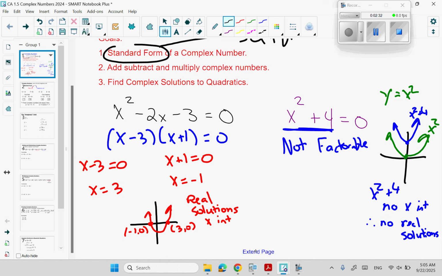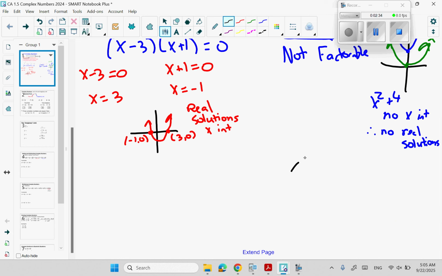However, let's say I were to try to solve it. Let's say I didn't know any of that stuff. x squared plus 4 equals 0. Well, because I have no b term, I would probably just solve by square rooting. So I would subtract 4, x squared equals negative 4, square root. I square rooted, so we get plus and minus.